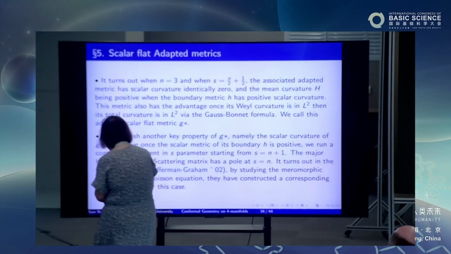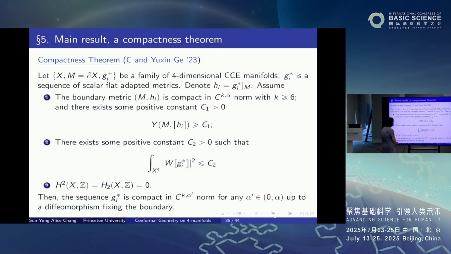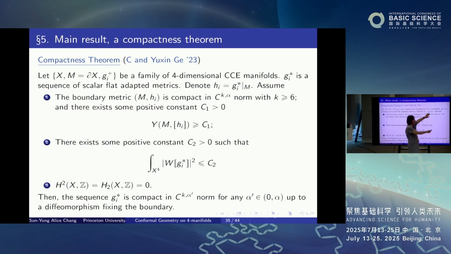Okay, so with this, I can now state the theorem we obtain. The theorem we obtain is, suppose we consider this sequence of adapted metrics, which are scalar flat. And then we construct a solution, we call it GI star, by solving the PDE.